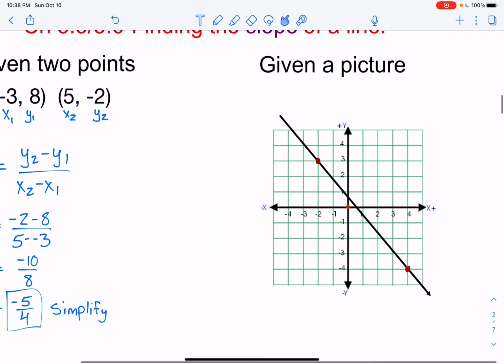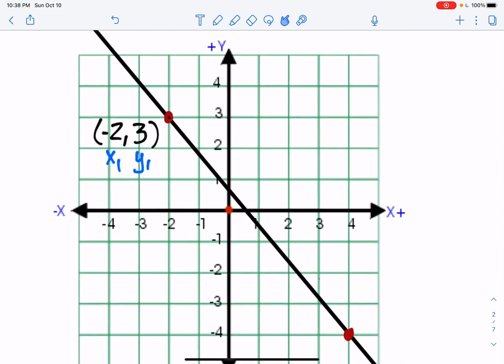Now, if you're given a graph, which is what your homework's going to look like, let's go ahead and plot two points here. Now, Mr. R, how'd you pick this one? Well, I'm just picking wherever I see the green lines form boxes and the black line crosses them in the middle.